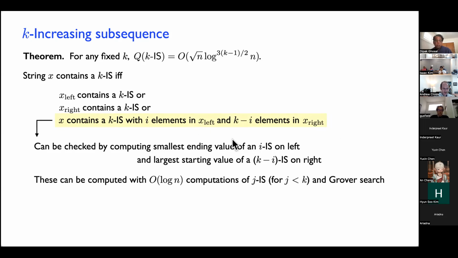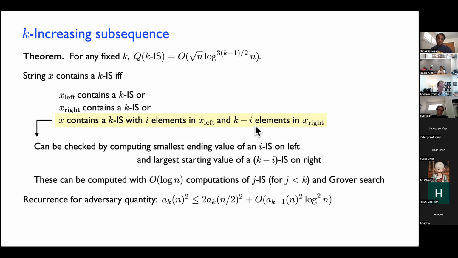This is something you can do using the solutions of the increasing subsequence problem as a subroutine, plus some binary search. Let me not get into the details, but basically with big O of log n computations of this problem, not for the same value of k but for smaller values, since we're just looking for shorter increasing subsequences, we can solve the thing in yellow.